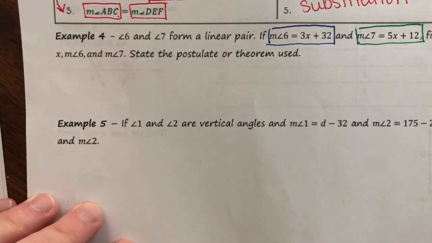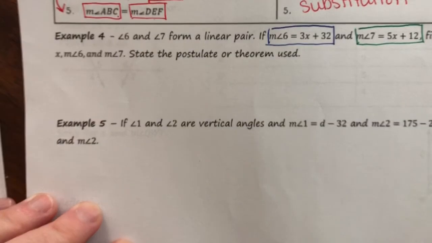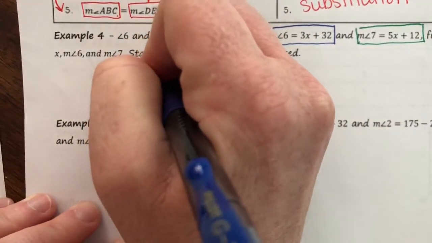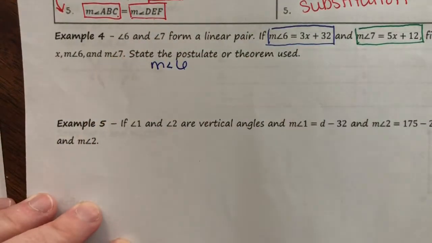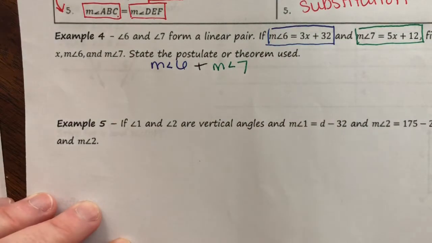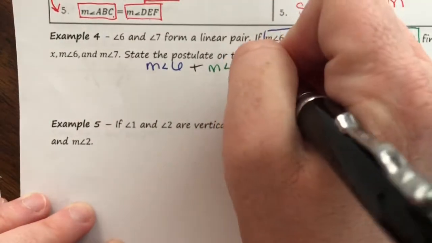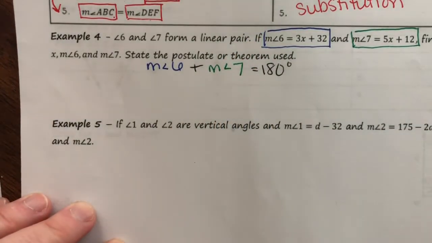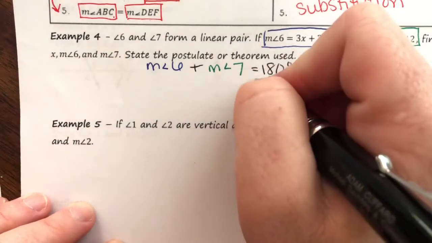Okay, so first thing I'm going to do is just say that the measure of angle 6 plus the measure of angle 7 adds up to 180 degrees because they make up a linear pair. Okay, so once I say that, then I can just substitute.